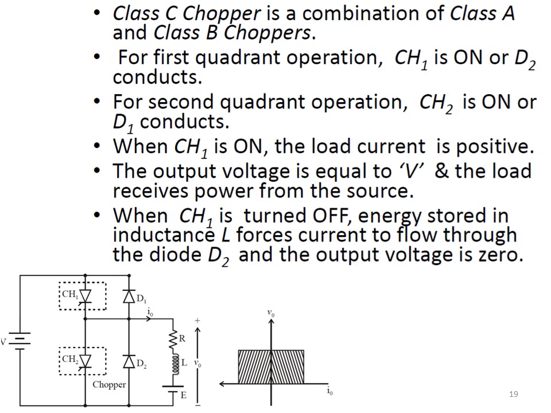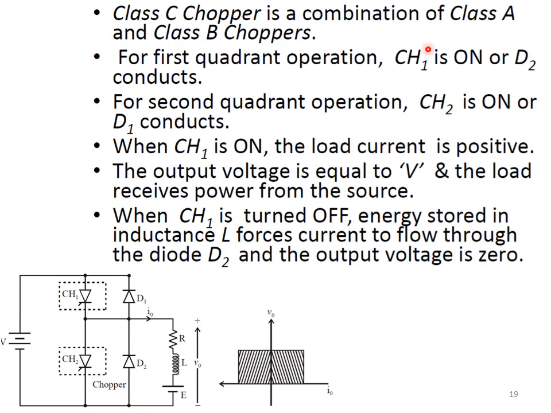When does it behave as a chopper A? The class C chopper is a combination of class A and class B. For the first quadrant, what is going to operate? If you remember the class A operation, you have got a series chopper connected to the load, and we have got D2 which is acting like a freewheeling diode.